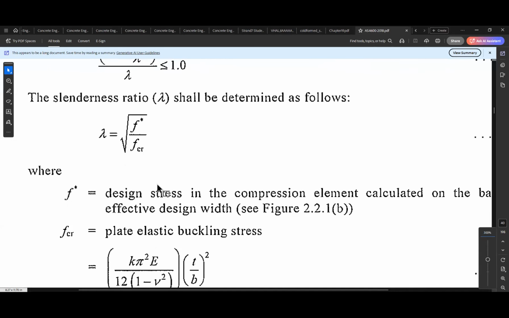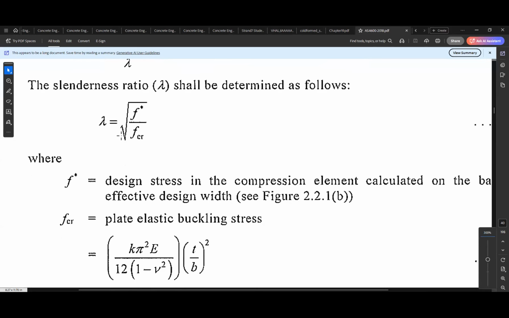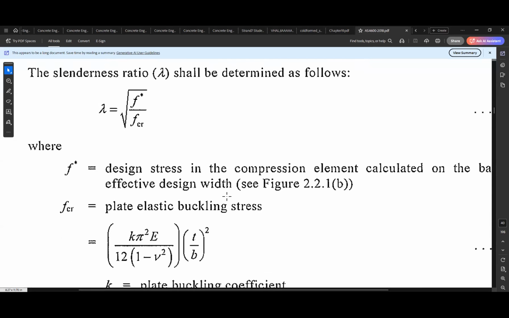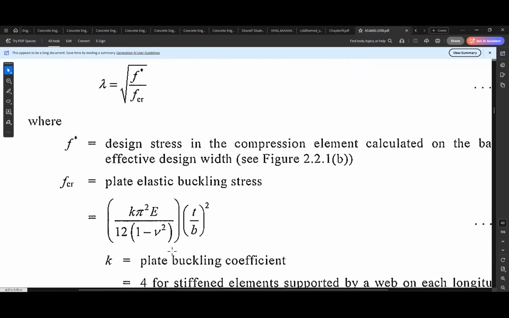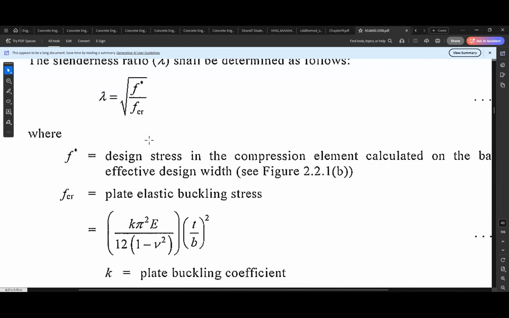The formula we have written for lambda comes from this formula here: lambda equals root of F asterisk divided by F critical, where F asterisk is the design stress in the compression element, and F critical is the value we studied earlier in this lecture. What we have done is just substitute F critical with its value, and we finally got this formula.